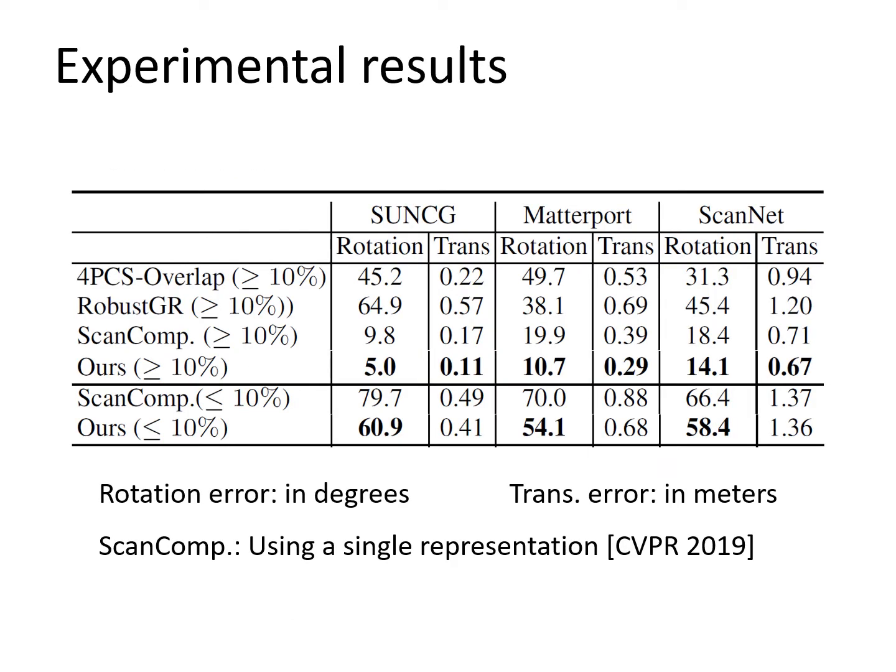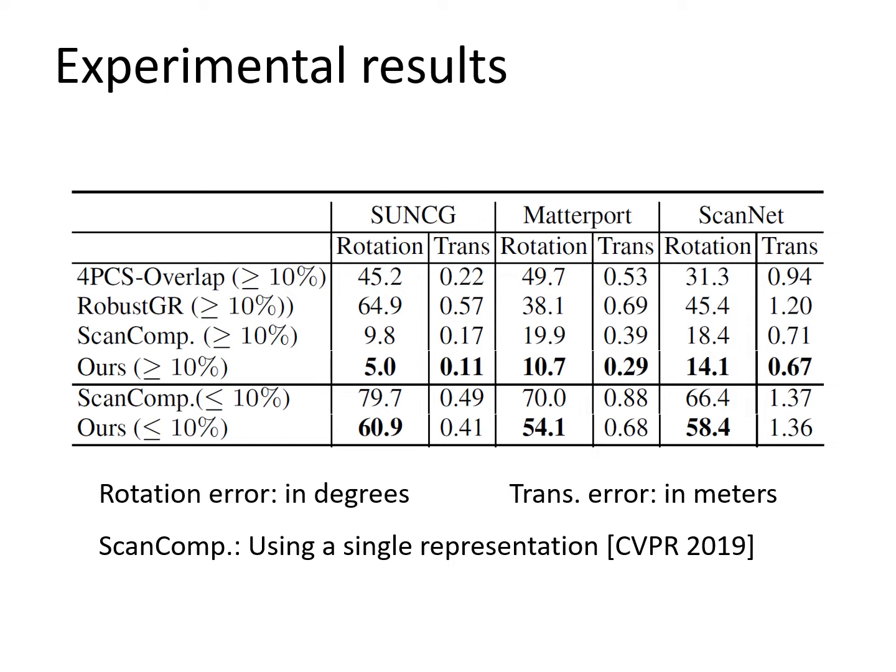This table shows quantitative results on 3 benchmark datasets. Our approach significantly outperforms non-learning-based approaches. Since those approaches only apply in the overlap setting, we basically compare them on that subset of scan pairs.